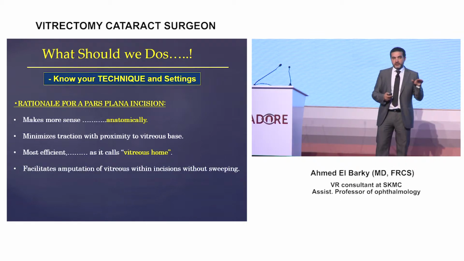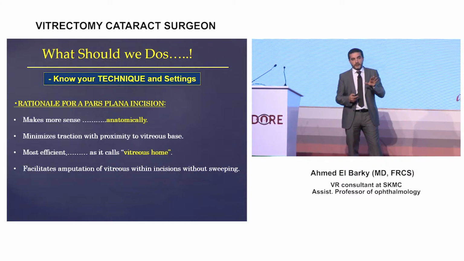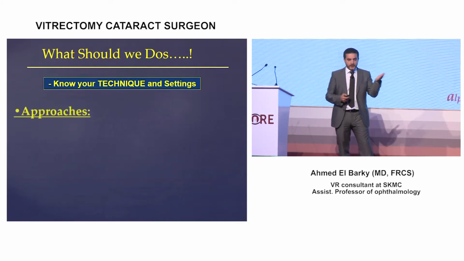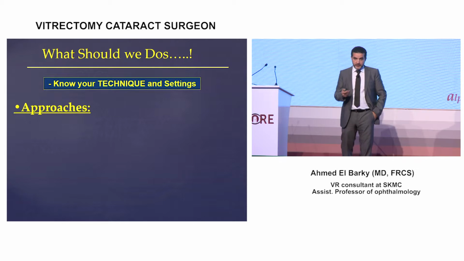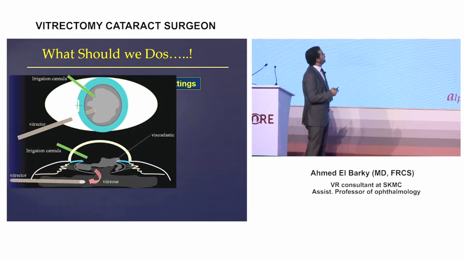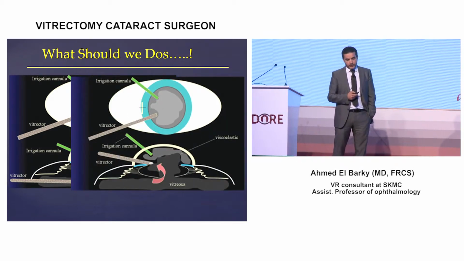Also, you can remove the vitreous with less damage to the iris or the capsule because you are coming from behind, and you need to sweep the vitreous from the side ports or incision. So this is just a cartoon to show this technique. This is the pars plana, and this is the anterior approach.